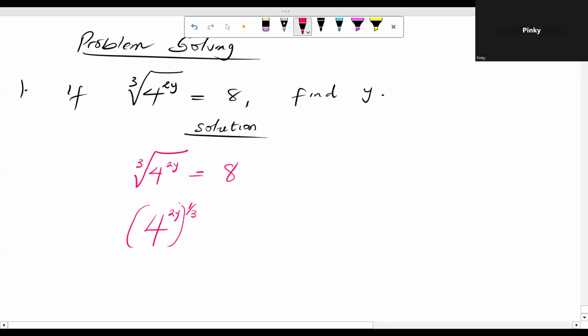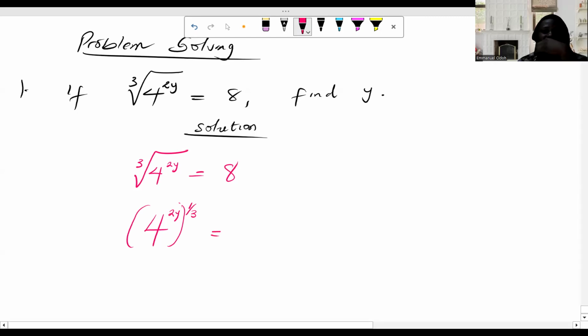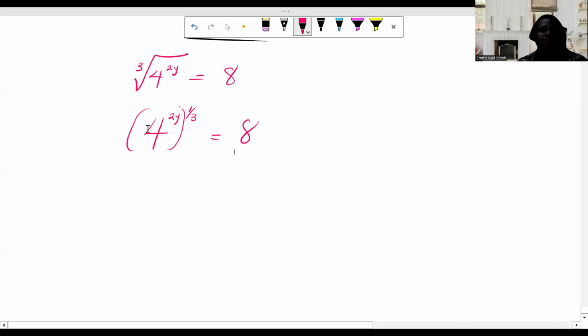Yes, sir. Okay. So let me write 8 first. We can express 4 and 8 to have the same base. 4 is 2 times 2, that's 2 squared, right?